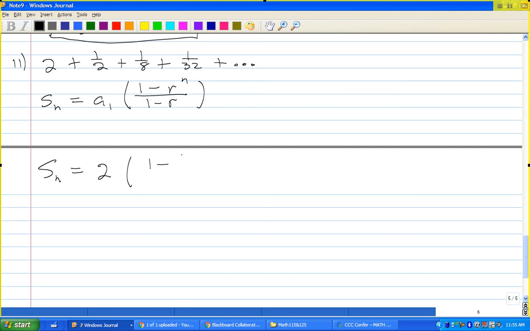The common ratio, well, to get from 2 to 1/2, I multiply by 1/4. 1/2 times 1/4 is 1/8. 1/8 times 1/4 is 1/32. So the common ratio is 1/4.